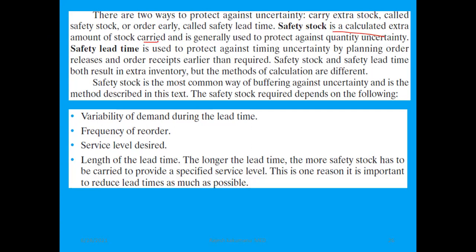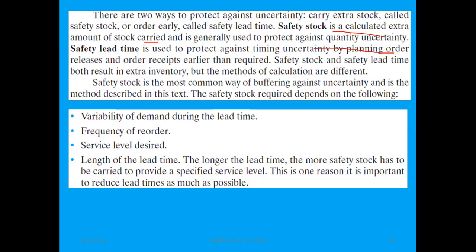The safety stock is the extra amount of stock carried, and it is generally used to protect against quantity uncertainty. Safety lead time is used to protect against timing uncertainty by planning order releases and order receipts earlier than required.